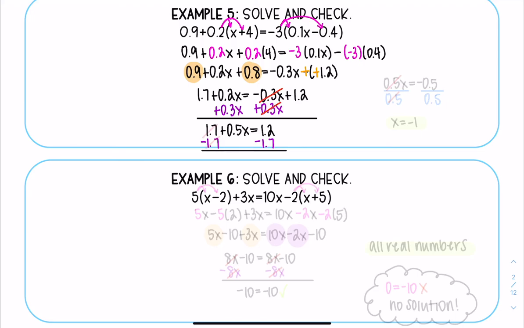And so on the left, it cancels, and on the right I am left with negative 0.5. And so our last step is to get x by itself by dividing by 0.5. And we end up getting x equals negative 1. And so you can check it on your own, see if you get a true statement, which you will.